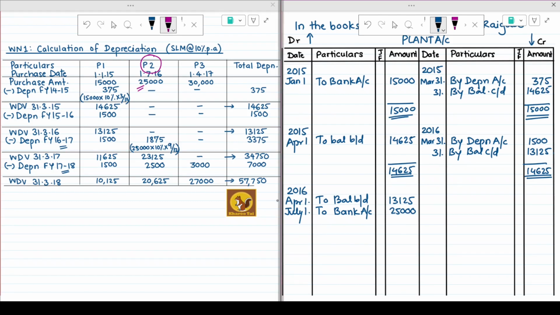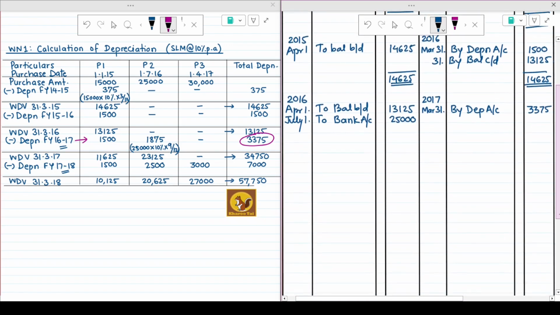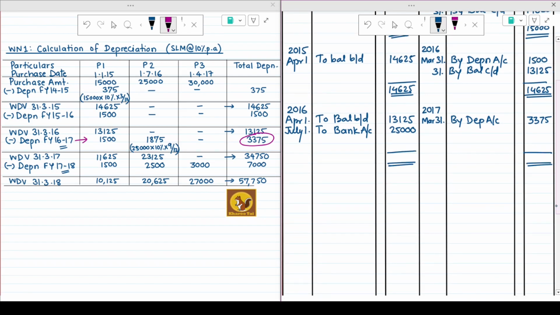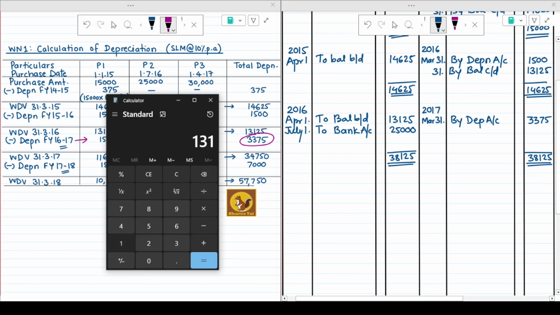So after this, we have one depreciation entry. In third year, we have these depreciation entries, and the total we have is 3,375. So depreciation entry at the year end 2017 March 31 by depreciation account 3,375. All the entries are done. Now we can close the books. The total is 38,125. 13,125 plus 25,000 minus 3,375.